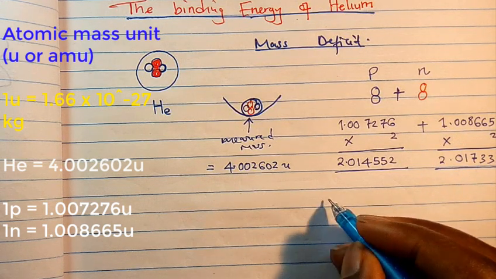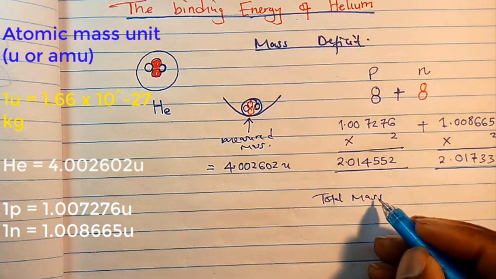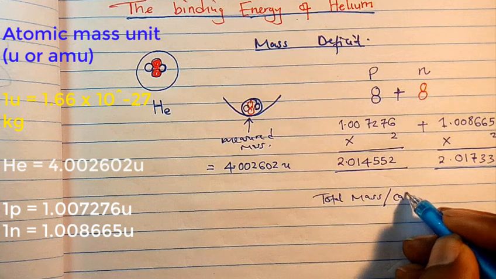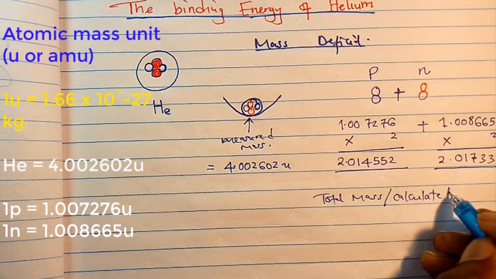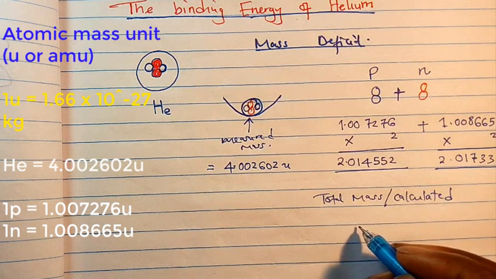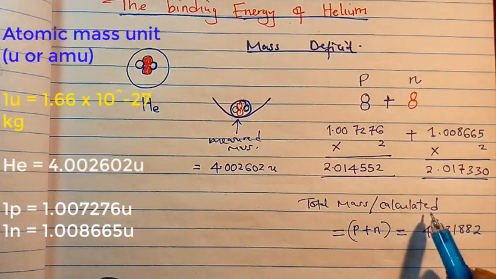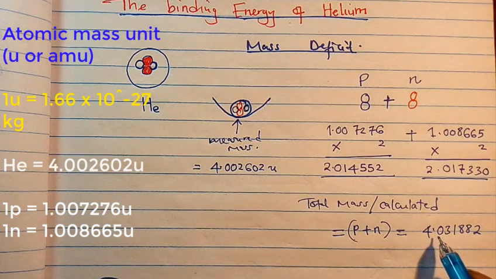Now, the total calculated mass of the nucleons is, we add the mass of the protons and the mass of the neutrons. So the total calculated mass we get is 4.031882 atomic mass units.